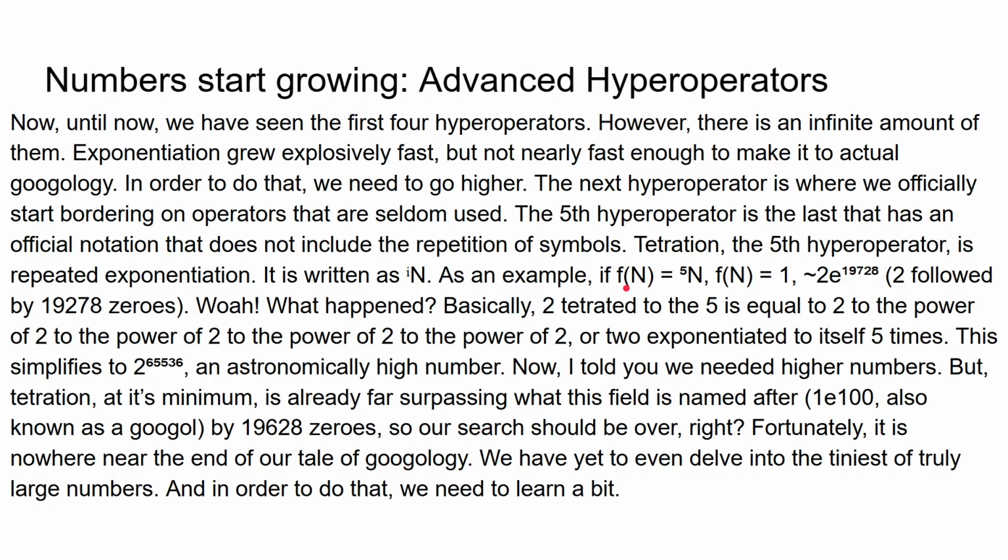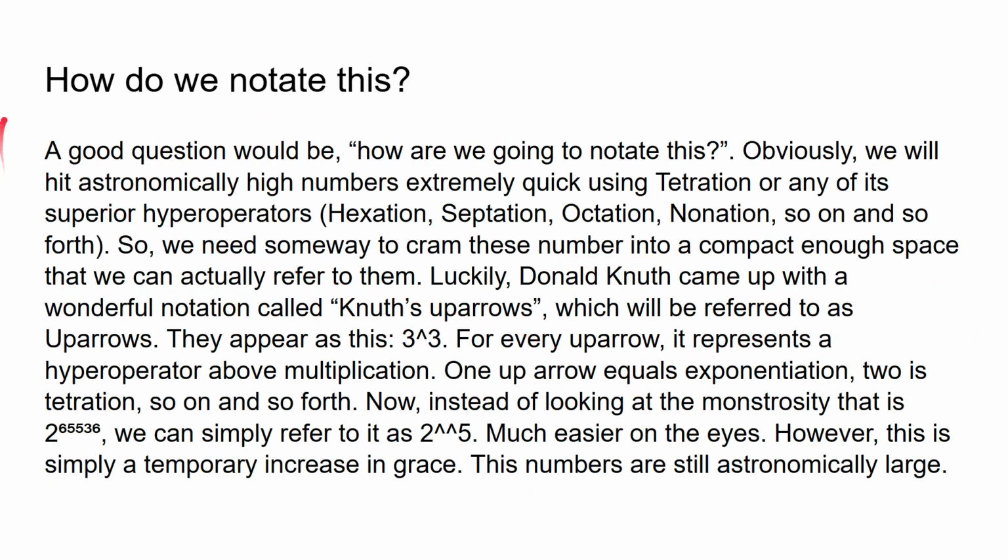Our search should be over, but it isn't because the numbers are weird. So we're nowhere near any sort of large number. We need to learn how to notate this because we don't know how to notate it yet. A good question of how to notate it is that's actually a very good question.